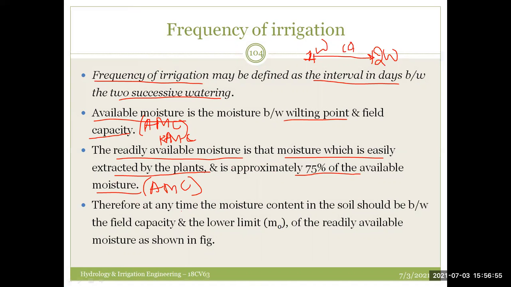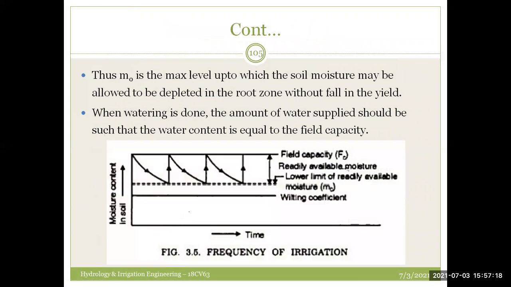So therefore, at any time the moisture content in the soil should be between field capacity and the lower limit. The lower limit of the moisture content is nothing but M0. So always you should maintain the moisture content between the field capacity and the lower limit. You can see in the figure here, the x-axis shows the time and the y-axis shows the moisture content.